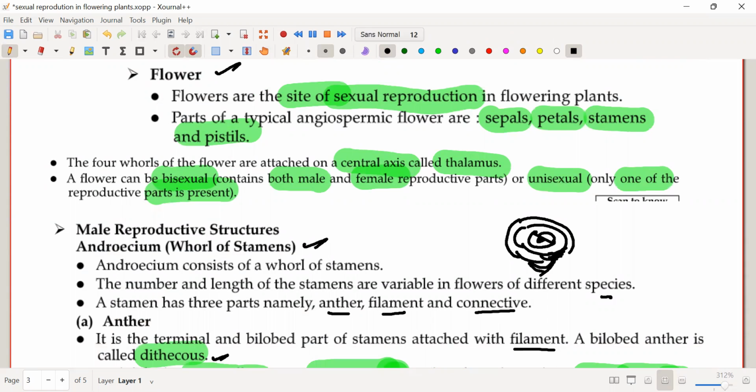If you went through the data, you can tell it. I will move to the next page. Okay. Okay, sir.